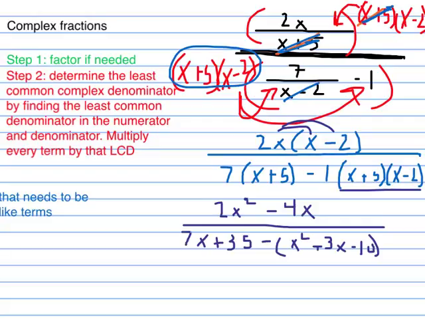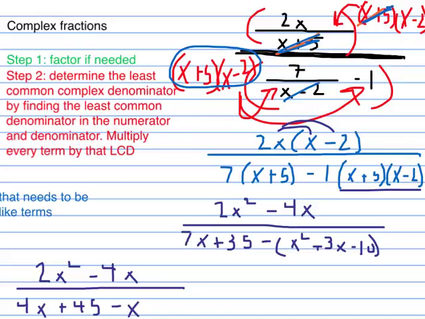Alright, so the last thing is just combine any like terms. I have 2x squared minus 4x over, so I have 7x minus 3x, which would be 4x. 35 minus negative 10 is plus 45, and then minus an x squared.